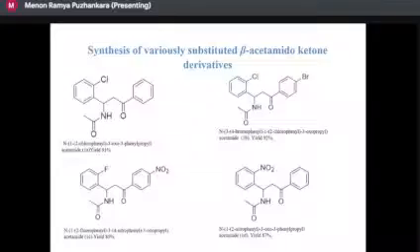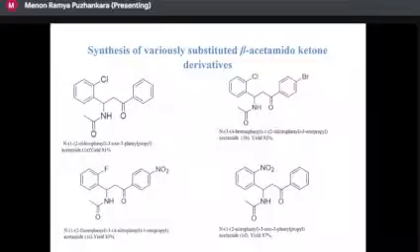In order to expand the scope of this reaction, or to develop the synthesis procedure, we have synthesized variously substituted beta-acetamidoketones via this base reaction of variously substituted aromatic aldehydes and enolizable ketones and acetyl chloride and acetonitrile, which acts as a solvent and also a reagent, in the presence of ammonium fluoride catalyst.